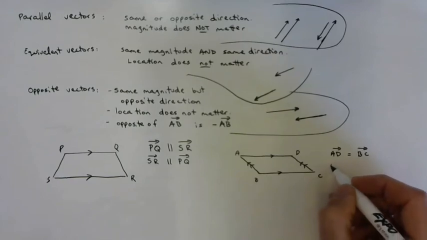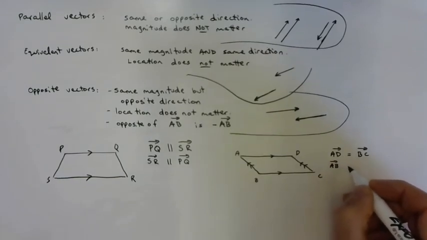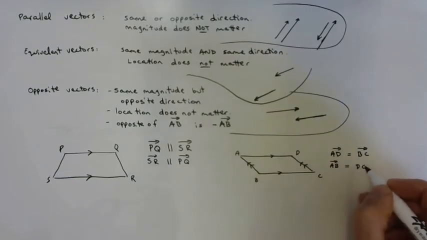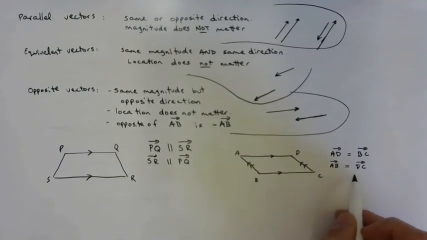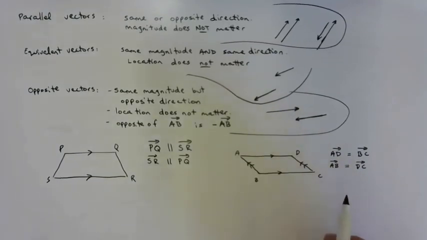We also have in our diagram that the vector AB is equal to the vector DC. And also, we could flip that around and say DC is equal to AB.